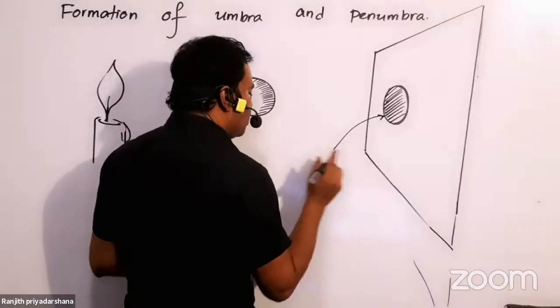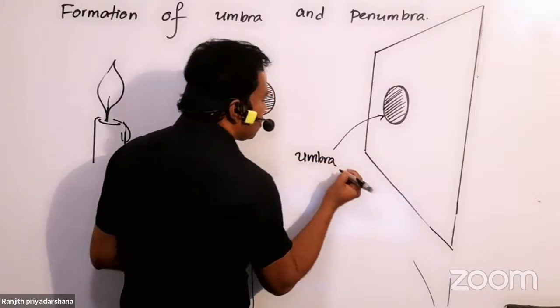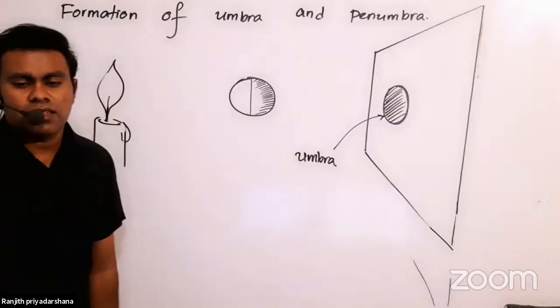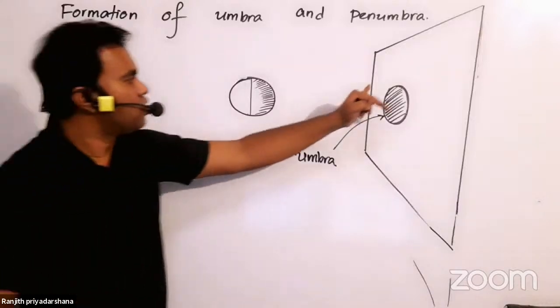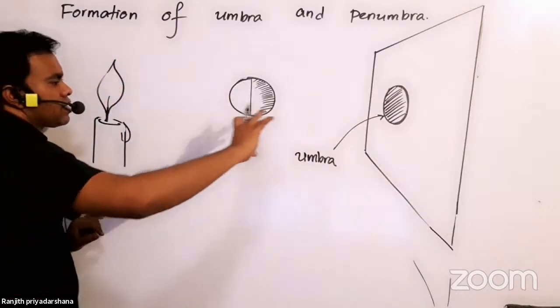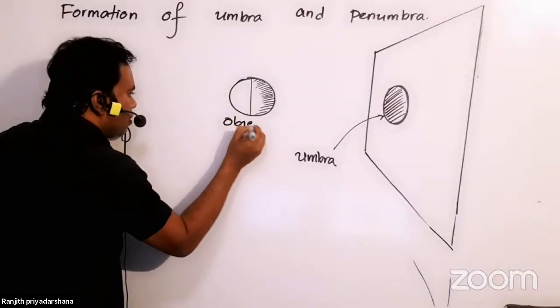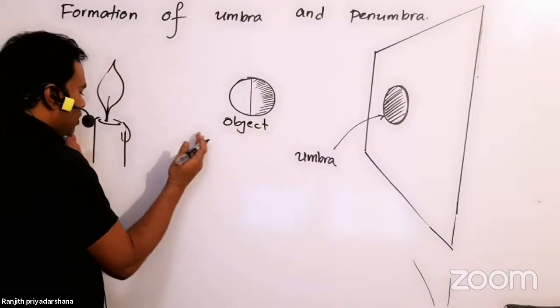Absence of light, so that's umbra. But you can see another light shadow around this umbra. We can increase that light shadow by keeping the light source closer to the object.